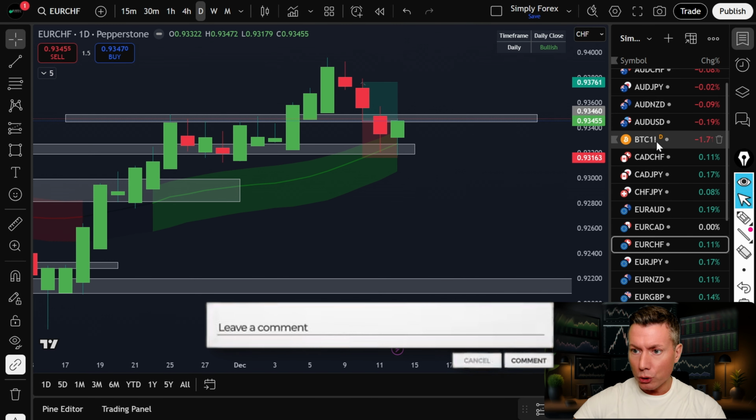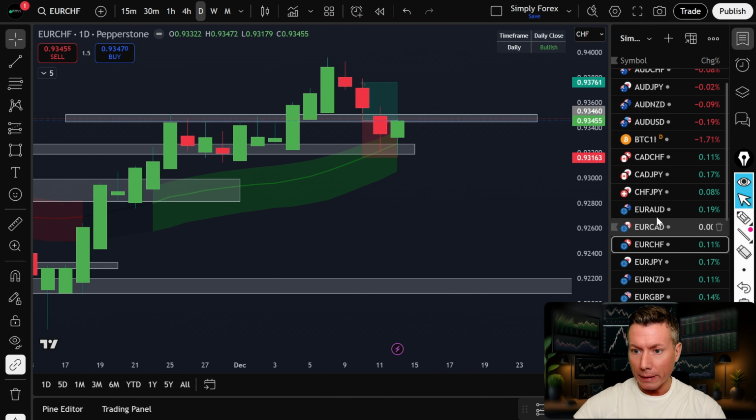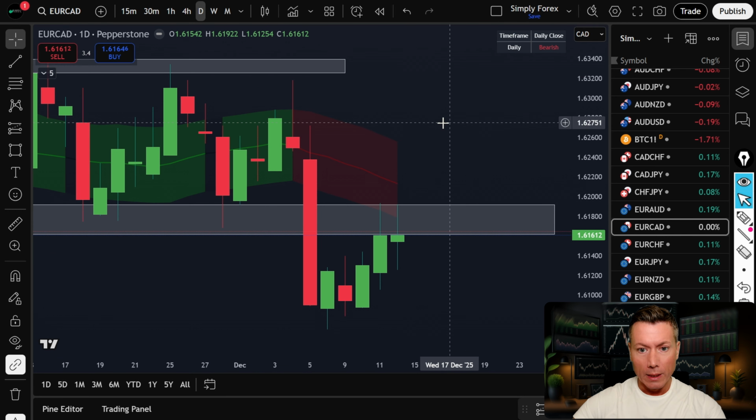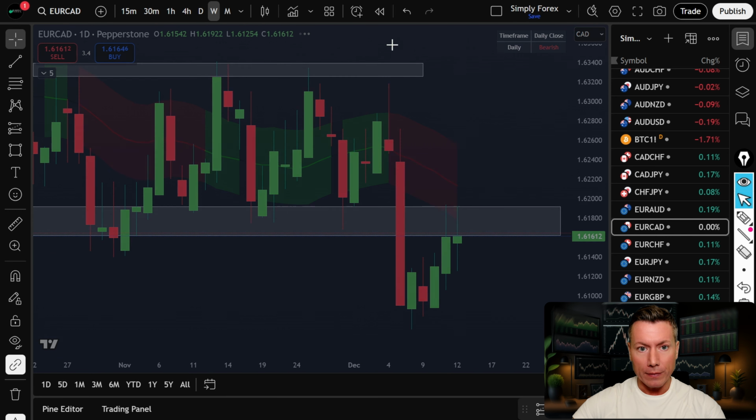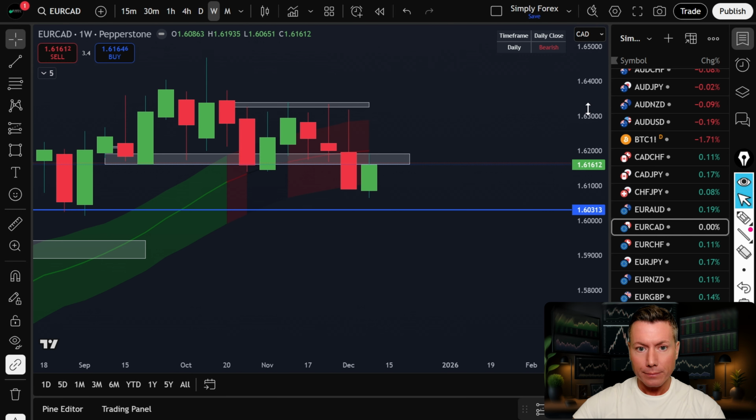So let's go to Euro Canadian dollar now. Okay, so again, Canadian dollar strength. Let's start with the weekly. And you can see on the weekly chart, Euro Canadian dollar is in a downtrend, right? You don't need to be Warren Buffett. Lower highs, lower lows, downtrend.